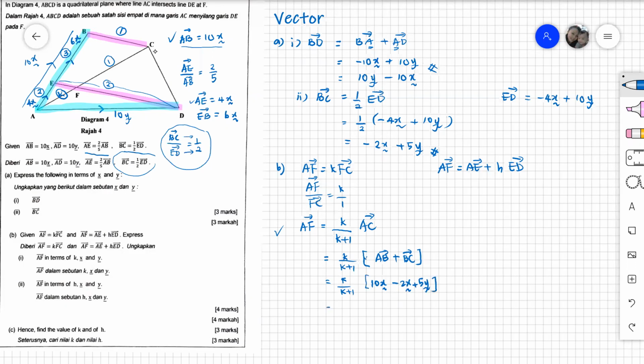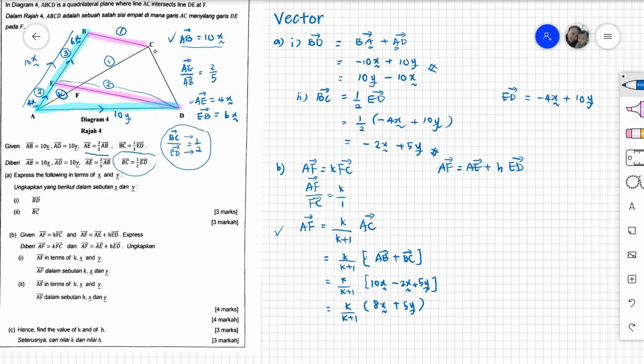Okay, so 10x minus 2x, so we have 8x plus 5y for AC. Okay, so k over k plus 1 in the bracket of 8x plus 5y. So we have just found AF in terms of k, x, and y.